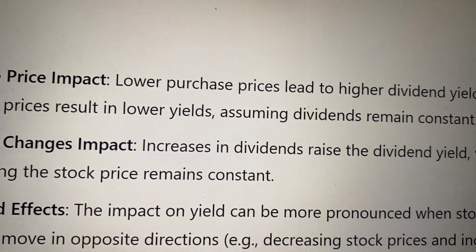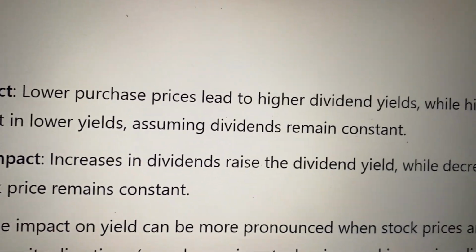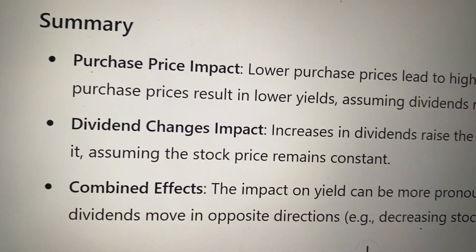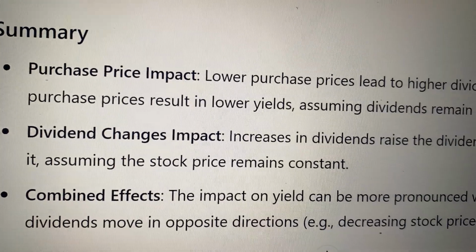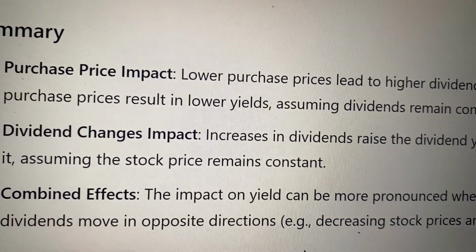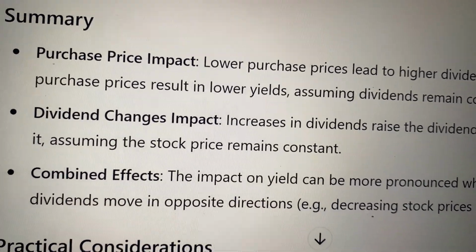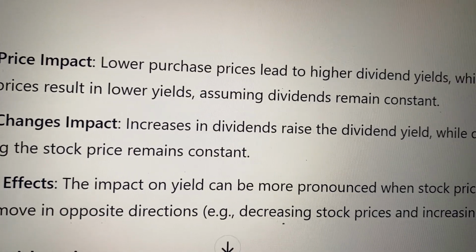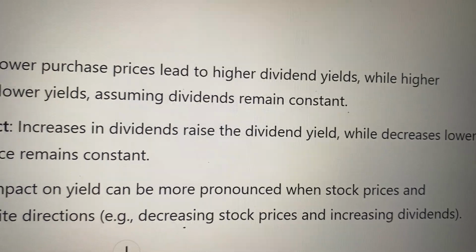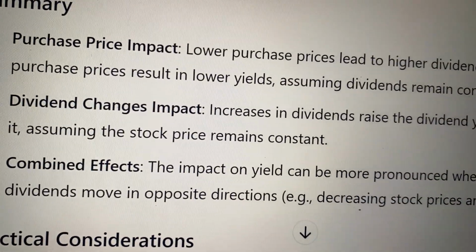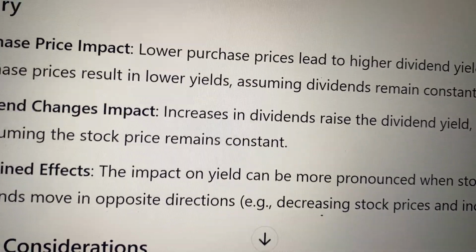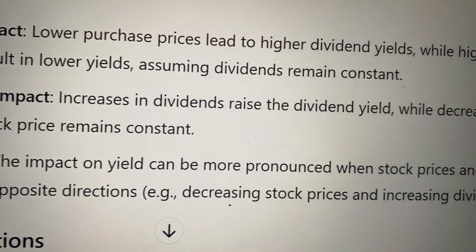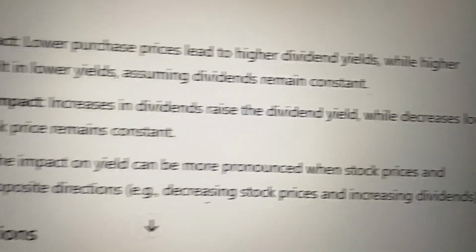Increases in dividends raise the dividend yield, while decreases lower it, assuming the stock price remains constant. The combined effect. The impact on yield can be more pronounced when stock prices and dividends move in opposite directions. For example, decreasing stock price and increasing dividends.